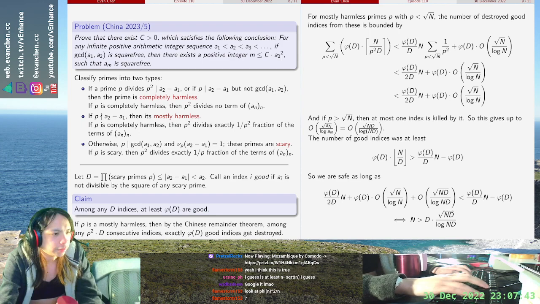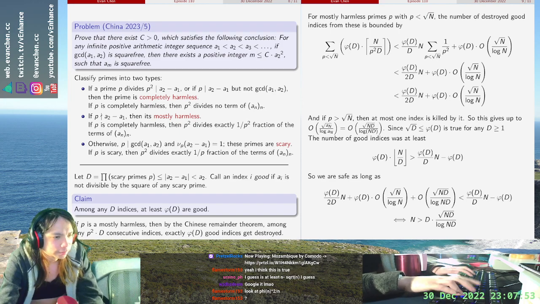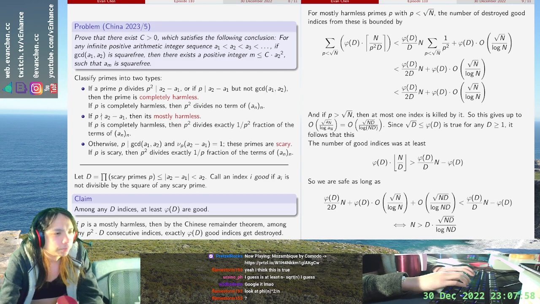Since square root d less than phi d is true for any d at least one, it follows that this term is encompassed, is at most.